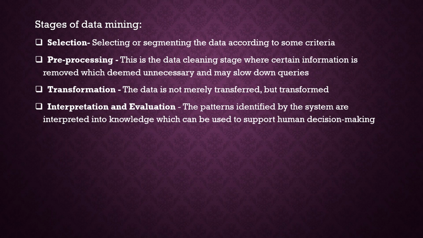This stage is concerned with the extraction of patterns from the data. A pattern can be defined as: given a set of facts F, a language L, and some measure of certainty C, a pattern is a statement S in L that describes relationships among a subset F_S of F. These are explained in your textbook and also in your study material, so it's not so important.